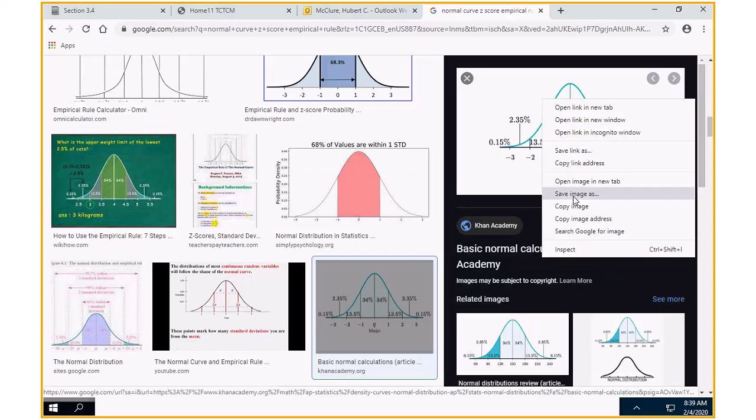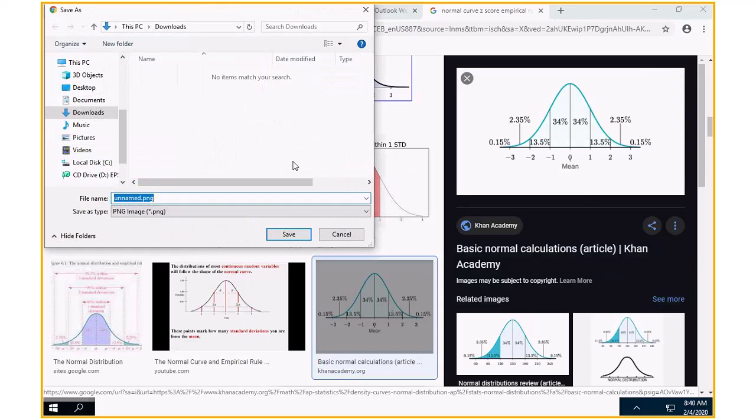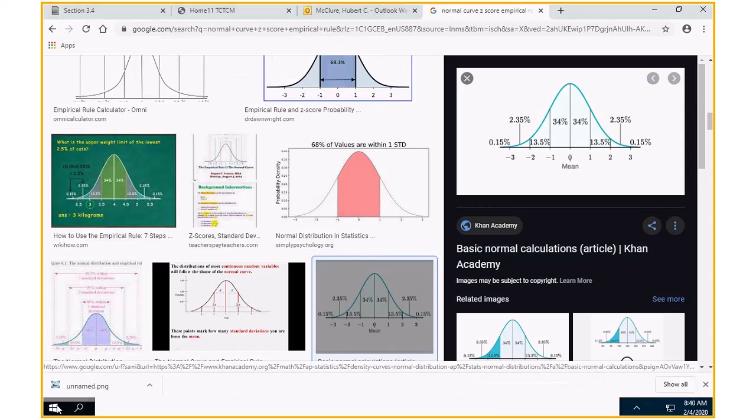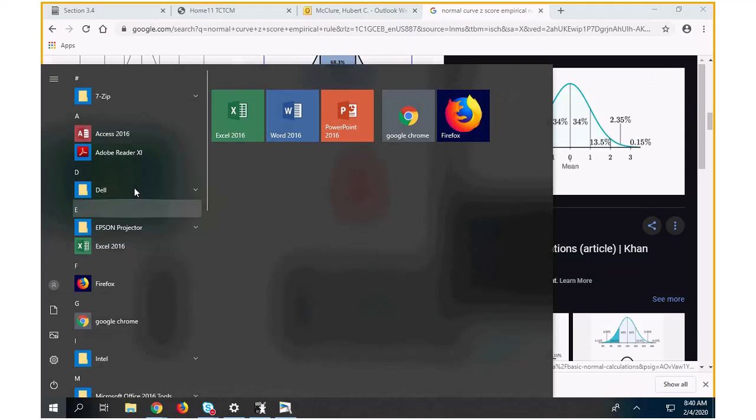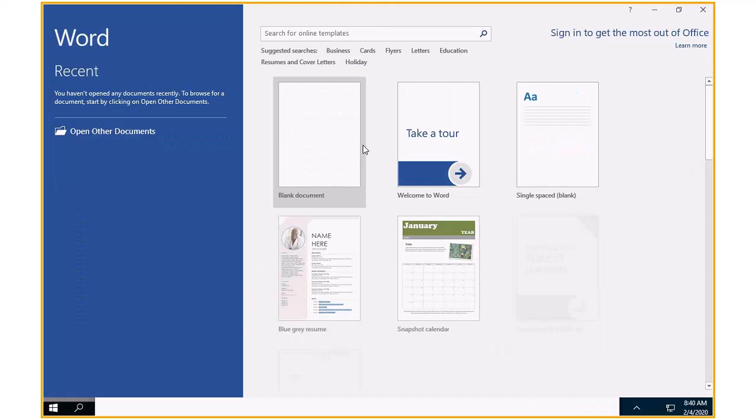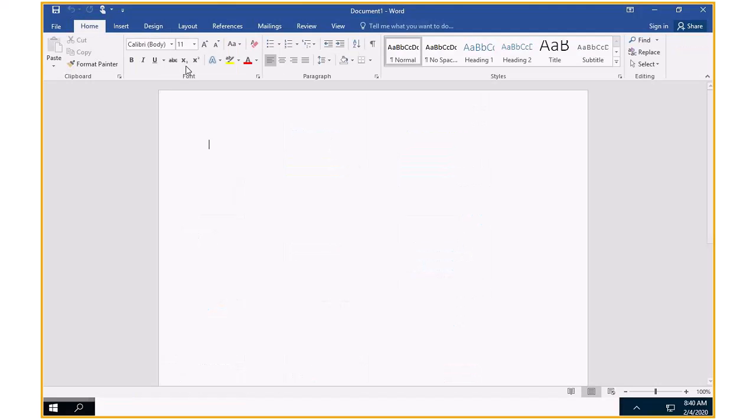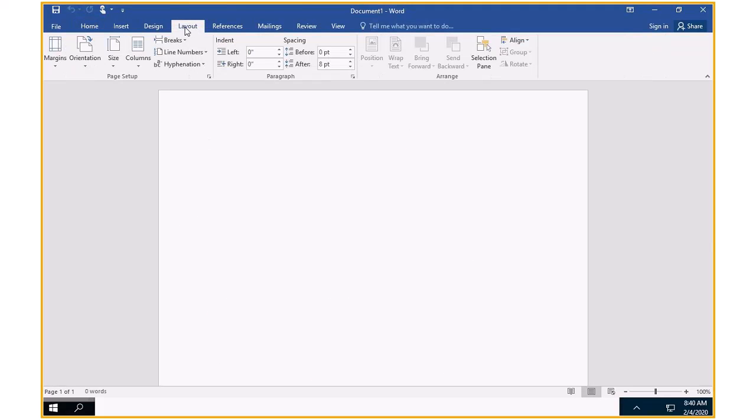Y'all going to watch this now? This is real hard work. And then I'm going to pull up my handy dandy Word document. I'm going to go to layout and put 2 columns. You don't have to do this because it's extra work. But 2 columns.